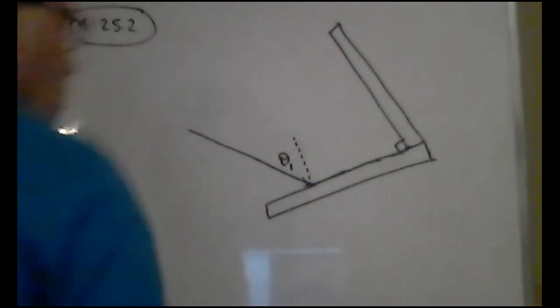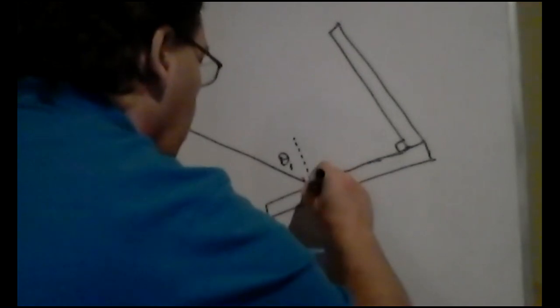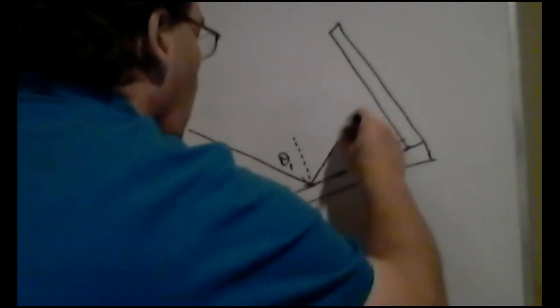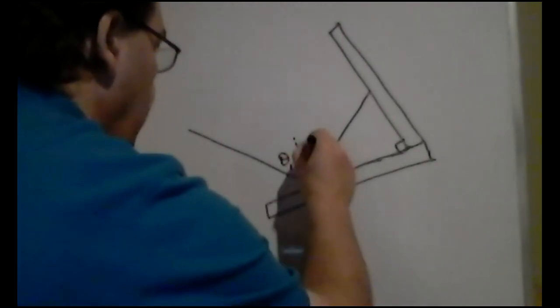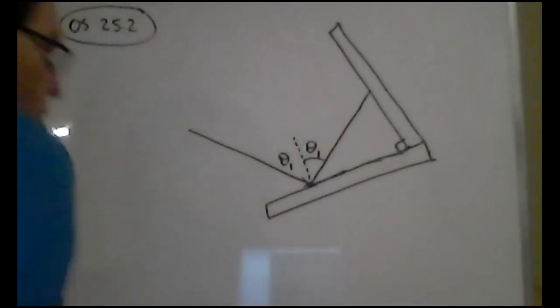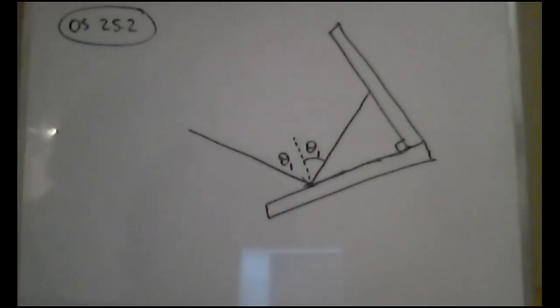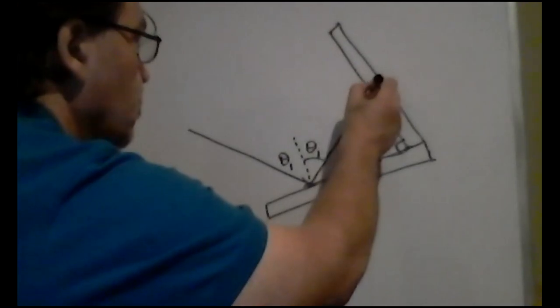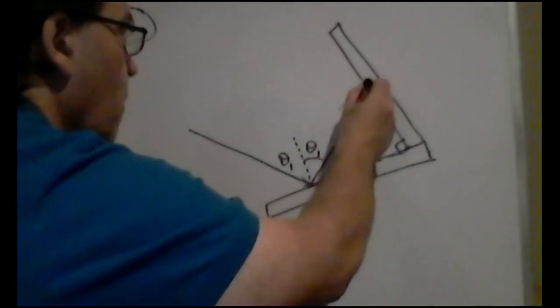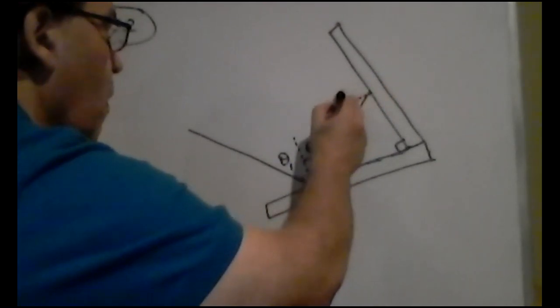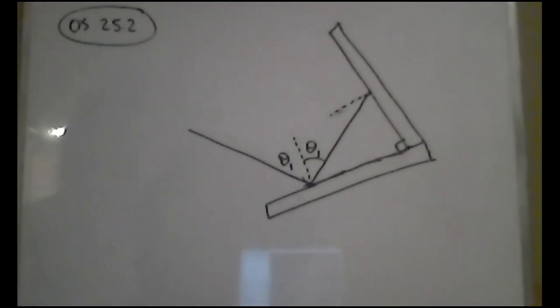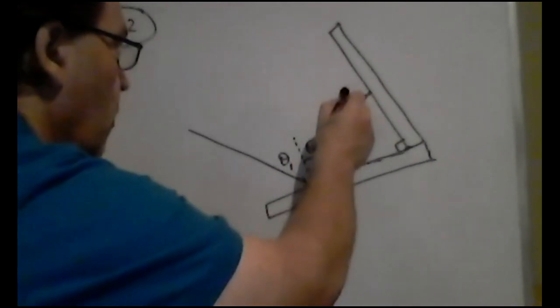This is purely a mirror. So the ray will reflect at theta 1 as well, and strike the other mirror, and this angle of reflection is at theta 1 as well. These are both theta 1s. Angle of incidence equals angle of reflection. That's the governing equation that governs mirrors. Now, we have another normal where this ray strikes, and we can imagine that the second ray is coming in at angle theta 2.